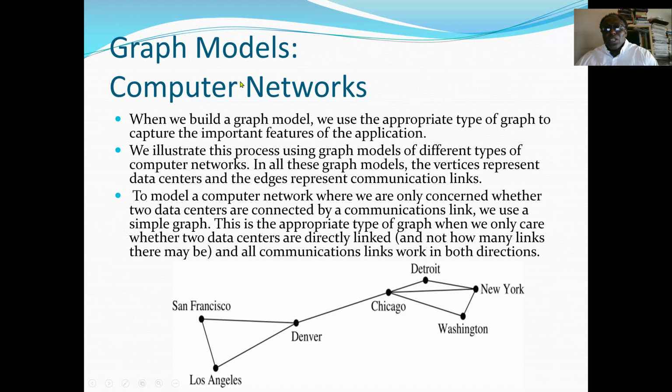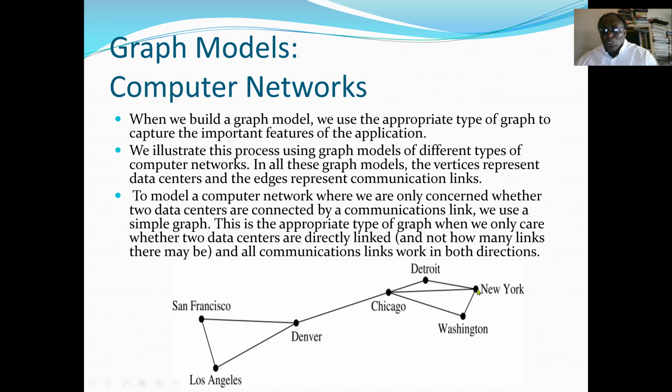Especially in the computer science field, we can use graphs to represent so many applications. The first application here is a computer network. I can have a computer network system in the US, and here we have different cities: San Francisco, Los Angeles, Denver, Chicago, Detroit, Washington, and New York.